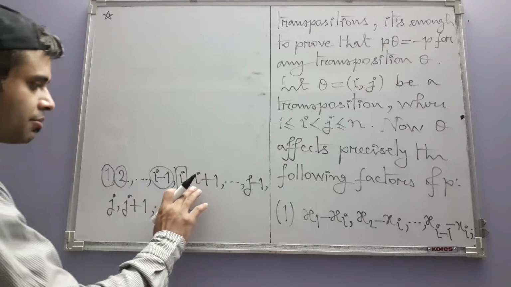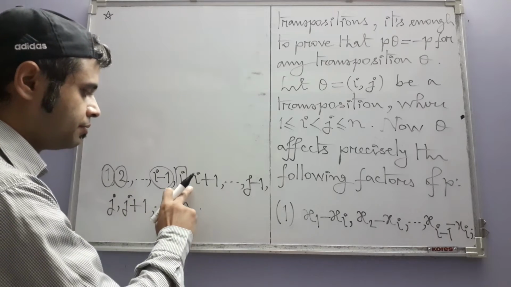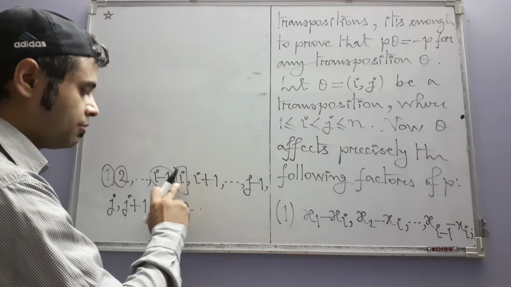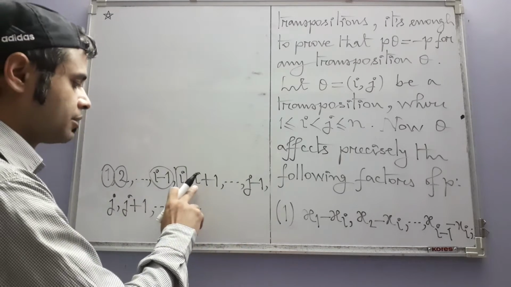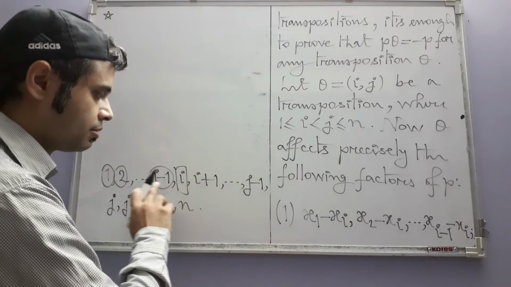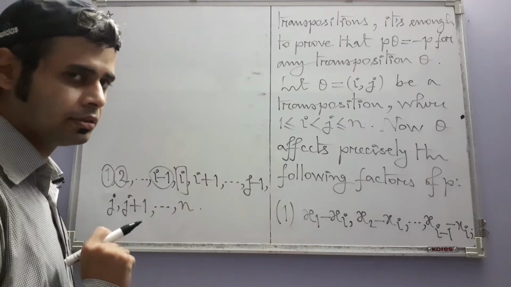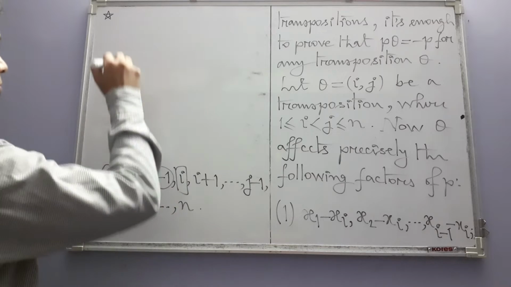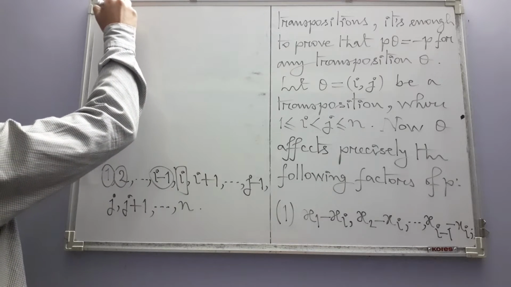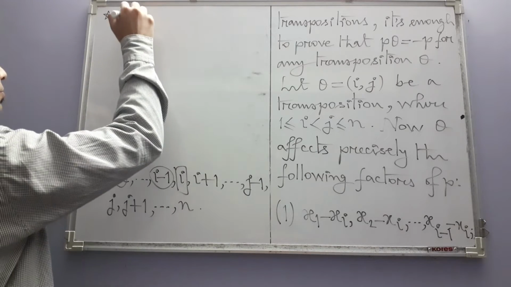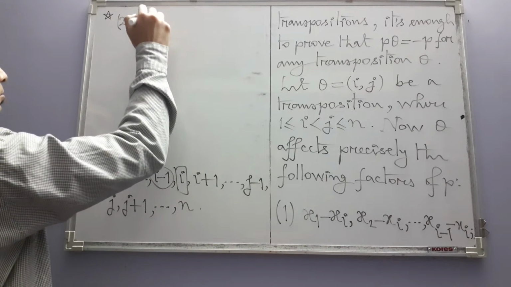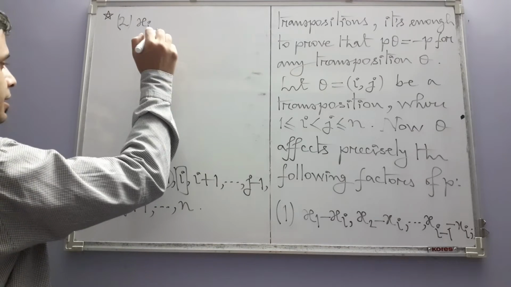And then come the factors where also we have i, but the other suffix is greater than i. So we classify it as a second type because the first suffix should be less than the second suffix.